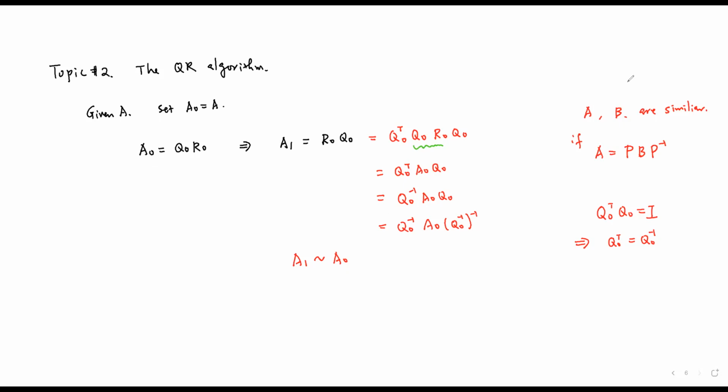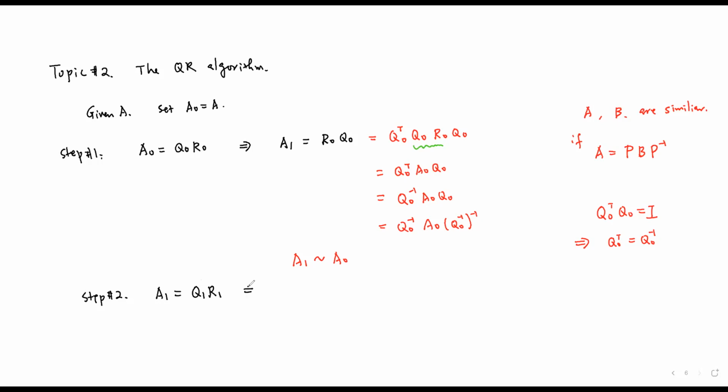This is the first step: perform QR factorization on A0, then reversely multiply the factors to get A1. Now step 2. Perform QR factorization on A1.